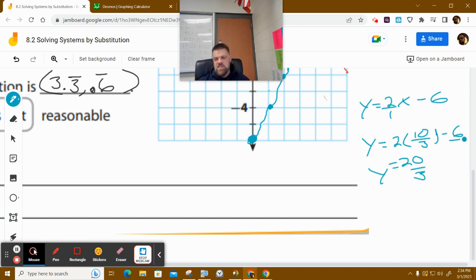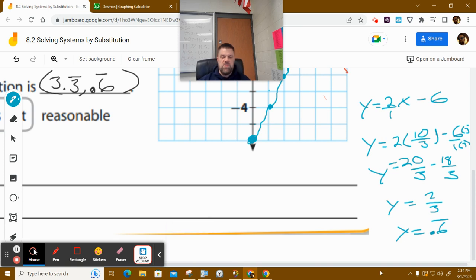I want this negative 6 over 1 to have a denominator of 3, so I'm going to multiply the bottom by 3, and whatever I do on the top, I do on the bottom. So this becomes negative 18 over 3. So y is equal to 2 over 3, which is actually equal to 0.6 repeating.